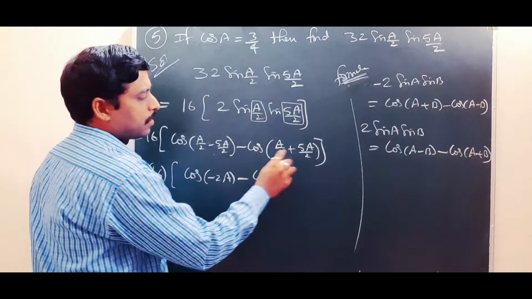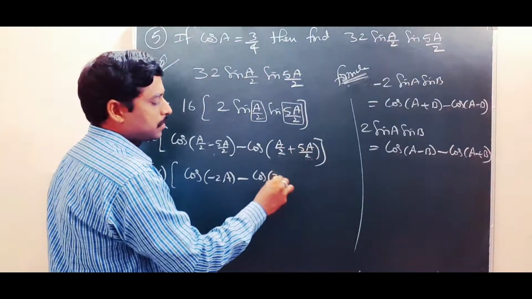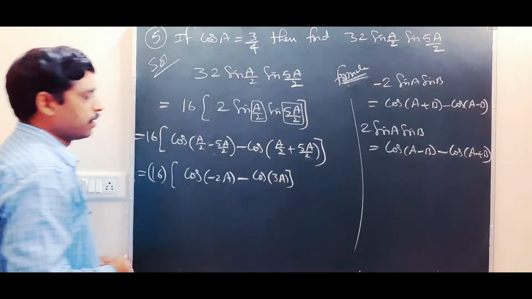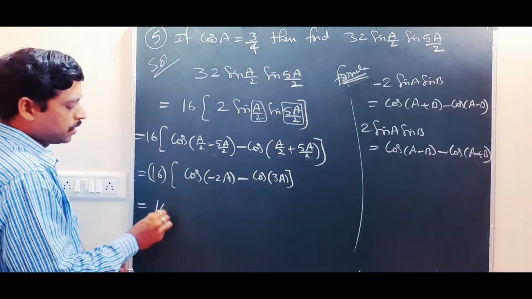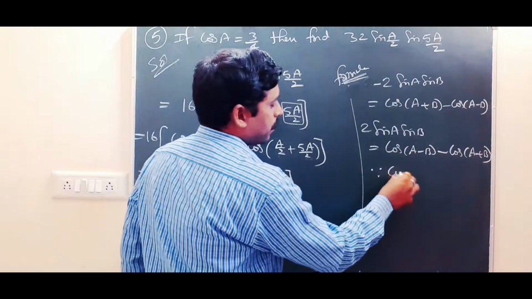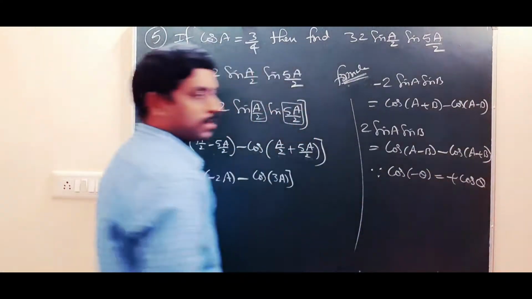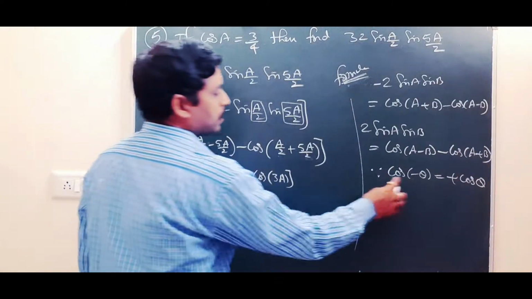Cos of it, and the other value, 6A by 2 is 3A. Now it is going to be 16 into cos of minus theta. We have cos of minus theta is plus cos theta, where minus theta lies in the fourth quadrant, cos is positive.